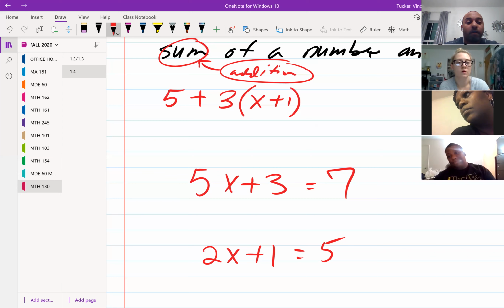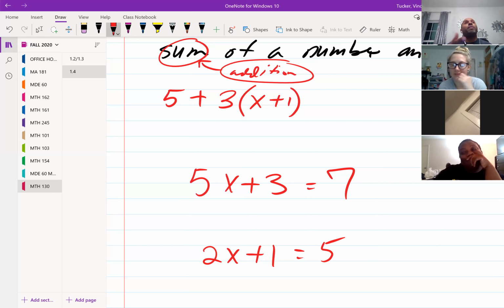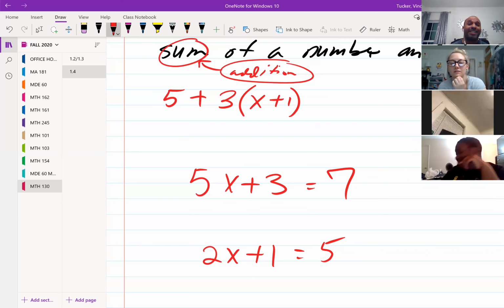What do we do if we pass everything except the tests? Well, it depends on how low you go, not fail. Basically, if you pass the test, if you have a 60 average, that's a D, but you did all of your homework, that'll bring your grade up to a C. If you go under 60, then we might have to have some discussion, might have to try to figure out some things for you.